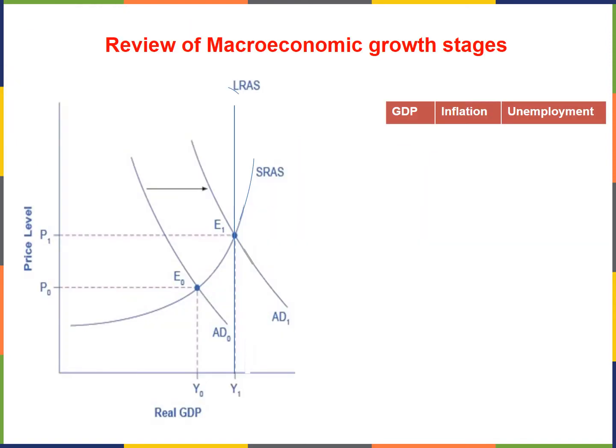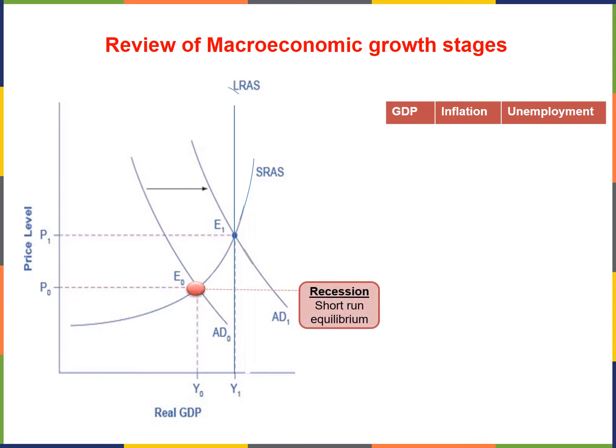So, if you do recall, as we described our macroeconomic model, we were to track various stages of macroeconomic growth in terms of GDP, inflation, and unemployment. So let's quickly try and review those macroeconomic growth stages.